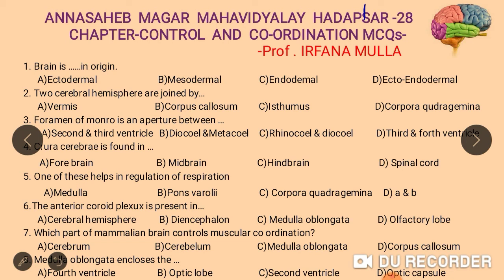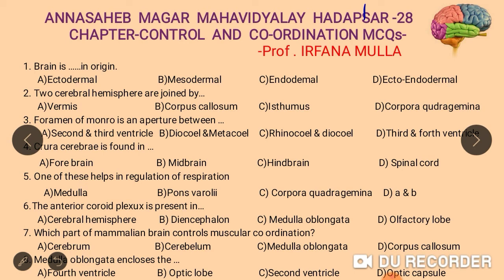Our brain and the retinal layer of our eyes are made up of ectoderm. So the correct option for that question is option number 1, ectodermal. That is, our brain is ectodermal in origin.